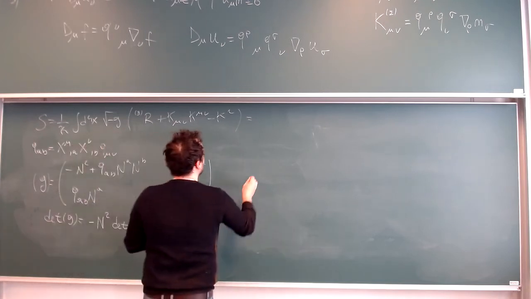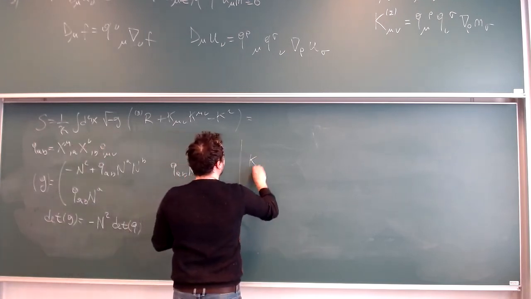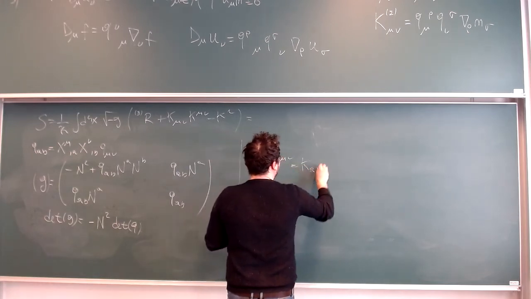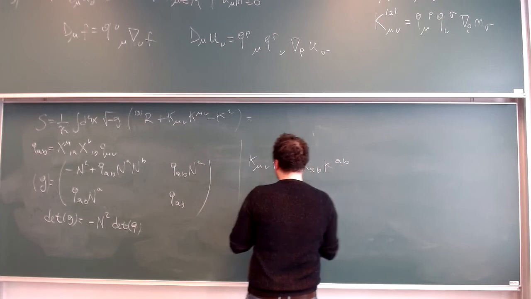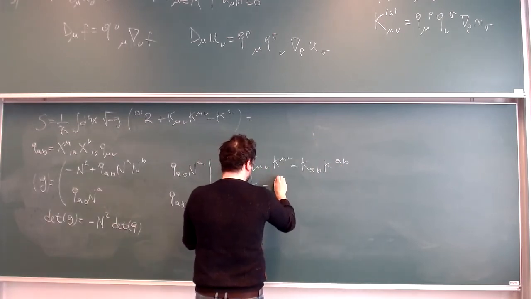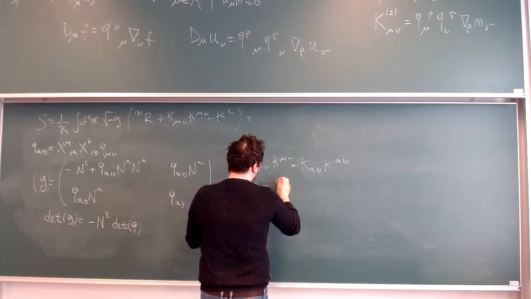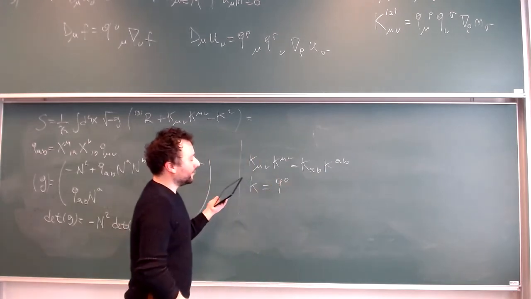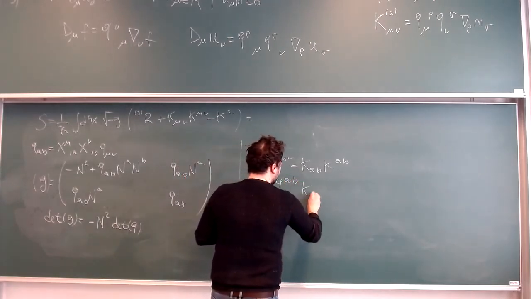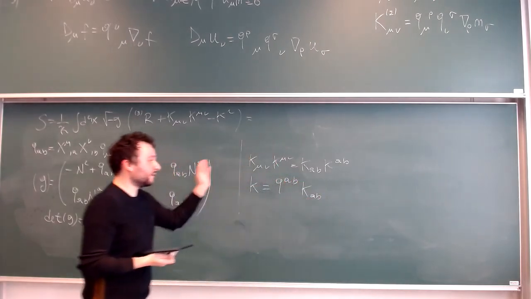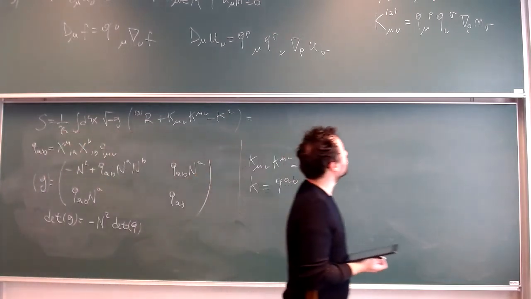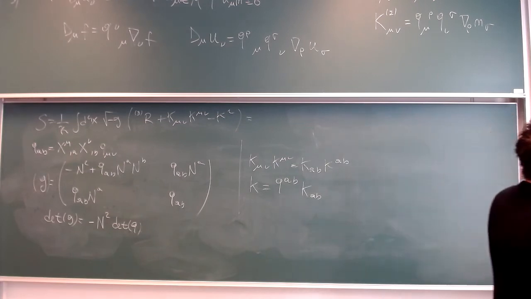So once we, okay, another thing is Q mu K mu has to be K AB. Okay, and this K I just told you was G Q mu nu K mu nu, and it becomes like this. So just to put back, it has the same form. That's also not completely obvious.